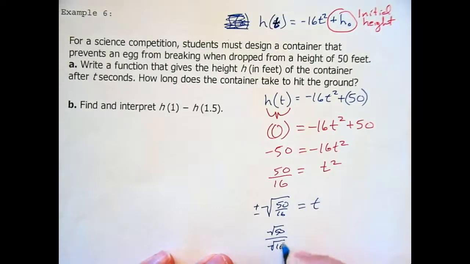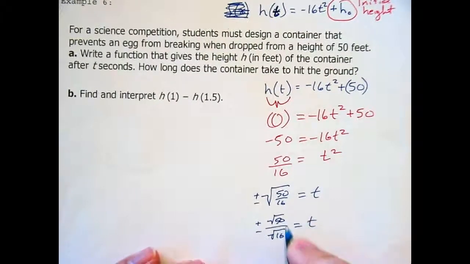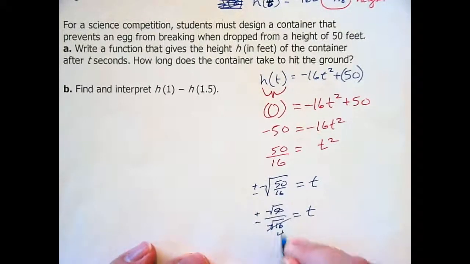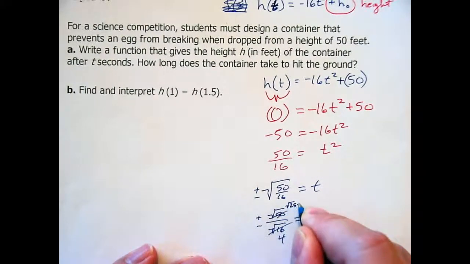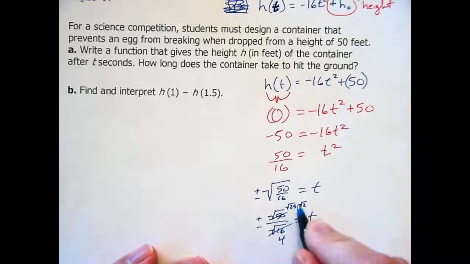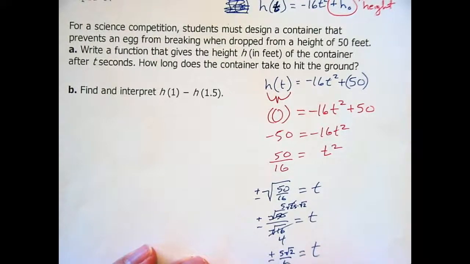Root 16 is perfect, that becomes 4, and root 50 becomes root 25 by root 2, which is 5 root 2. So t is actually plus minus 5 root 2 over 4.